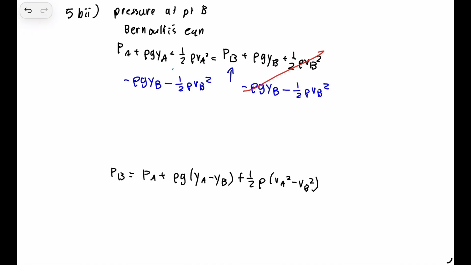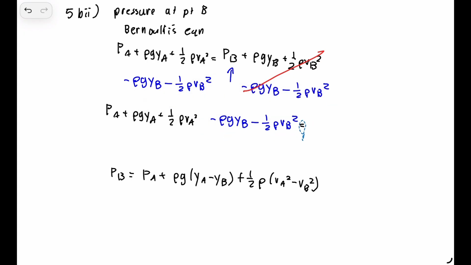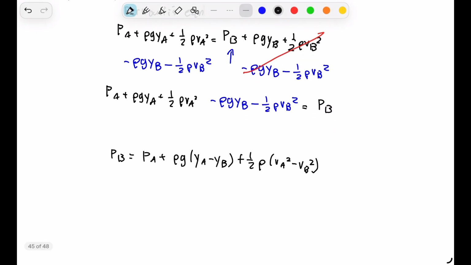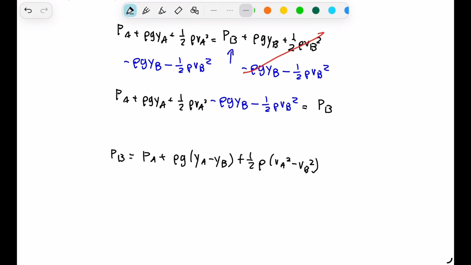Now, we can rewrite this as this expression here is equal to our pressure at point B. So what we see here is that we could factor out this rho G because we have a rho G here and a rho G here.